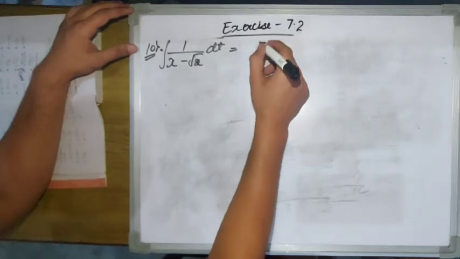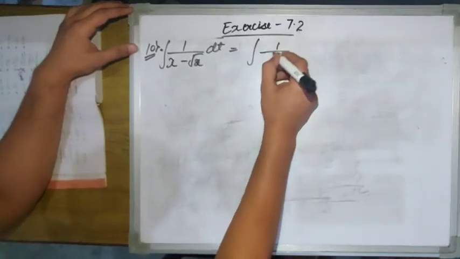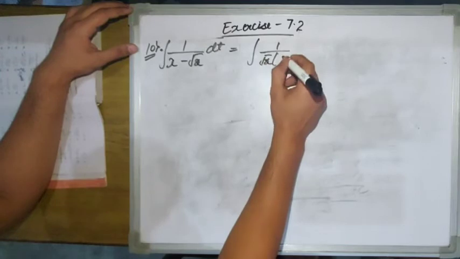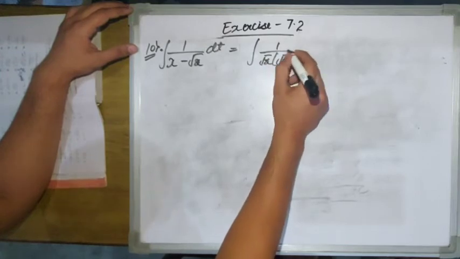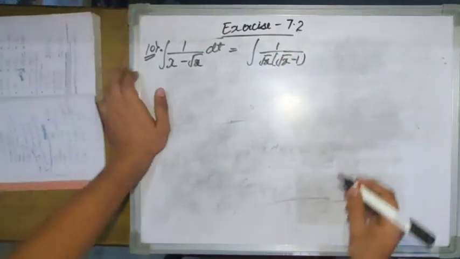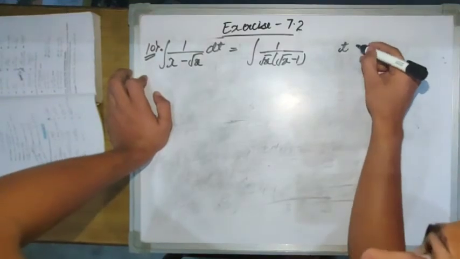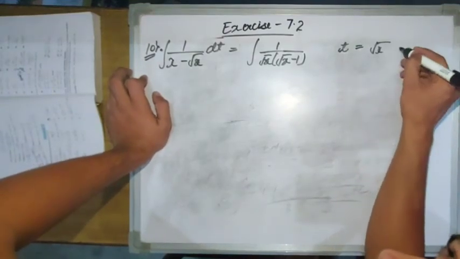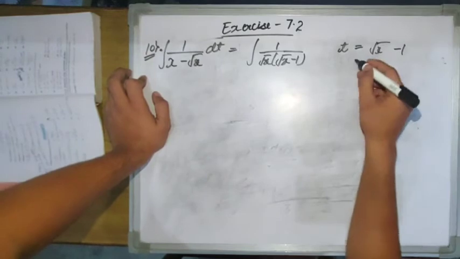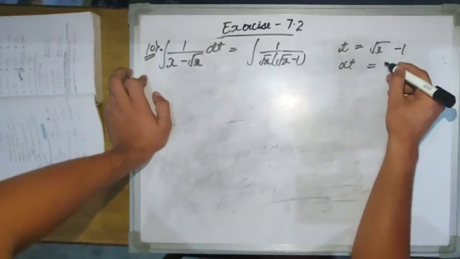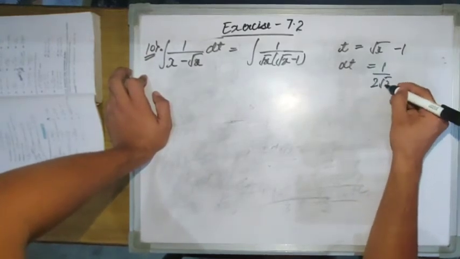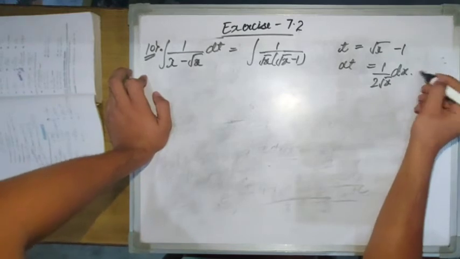Here we have 1 upon root x common. We are left with root x minus 1. I am putting t equals root x minus 1, dt equals 1 upon 2 root x dx.